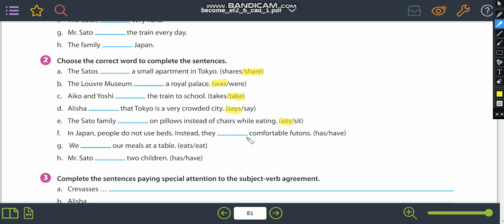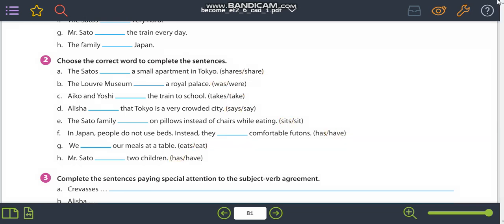Instead, they, if we're using they, it's in the plural form, we can't use the S, so have comfortable futons. We, once again, plural form, eat our meals at a table. Mr. Sato, I can replace Mr. Sato to he. It's in the third person, so Mr. Sato has 2 children, right?